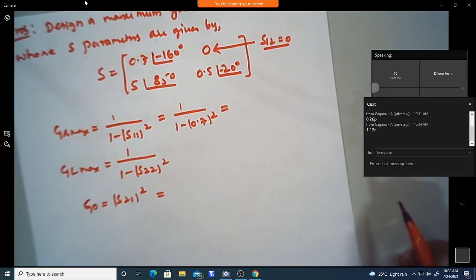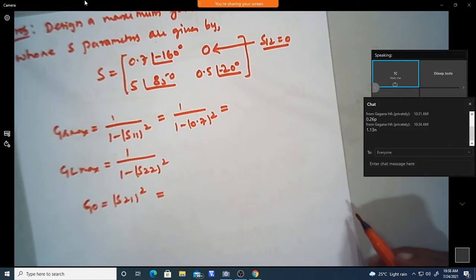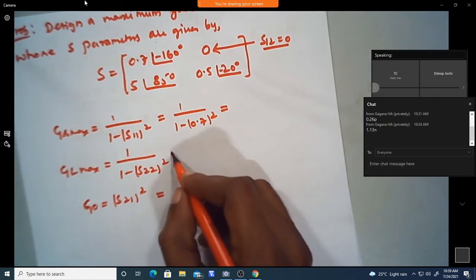Hello? Anybody calculated what is GS max? Find out the value.